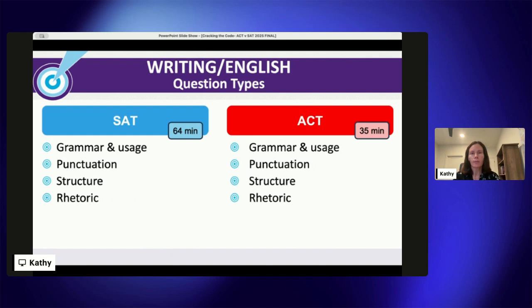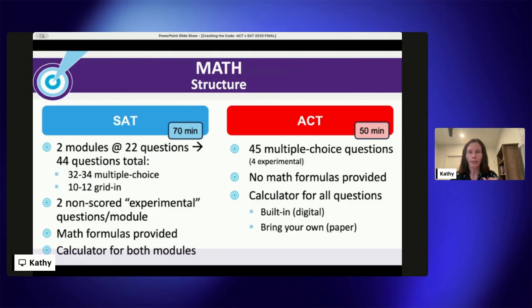It's going to be questions about grammar and usage, punctuation, structure, rhetoric, pronoun agreement, subject verb agreement. Usually the English section is pretty direct with its types of grammar questions for the ACT. Now, don't forget on the SAT, you will see some writing questions, and those typically follow after the reading focus questions. All right, let's talk about our math.